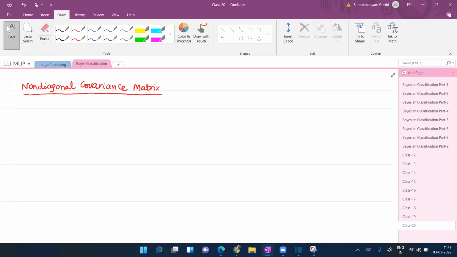Okay. If you recollect, the Gi of x bar expression. Here, what I would do is write it: what is this expression? It is mu i bar whole transpose into sigma inverse into x bar.